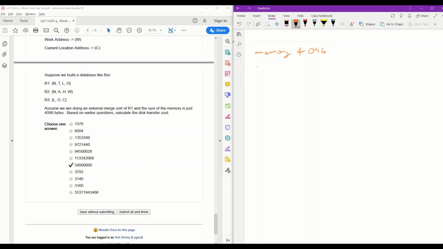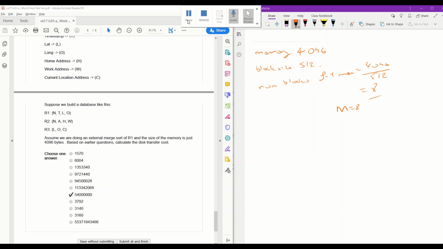The block size is 512, so the number of blocks that fit in memory equals 4096 divided by 512, which is 8. I don't know why in my workings I put this to be 4. I really screwed up.